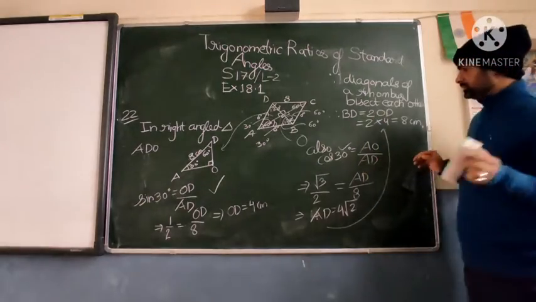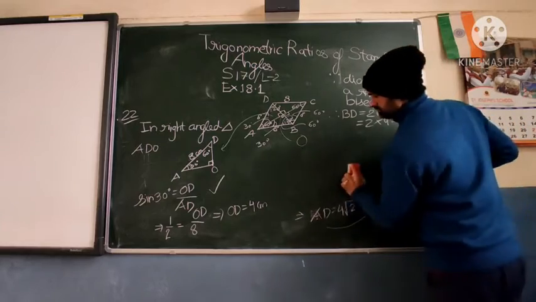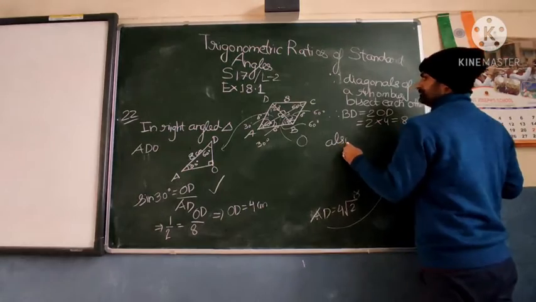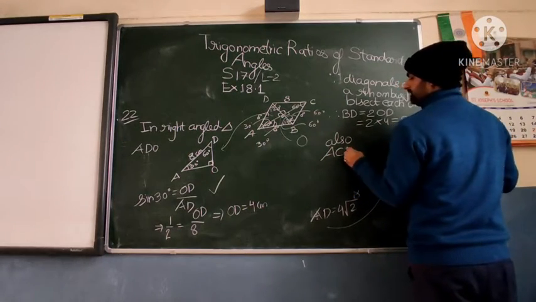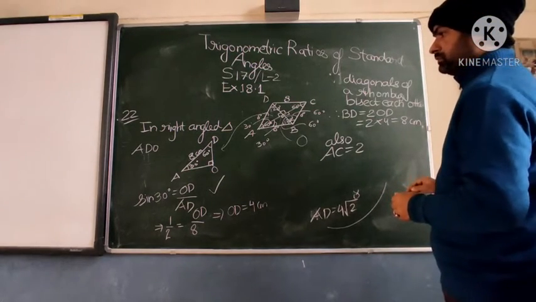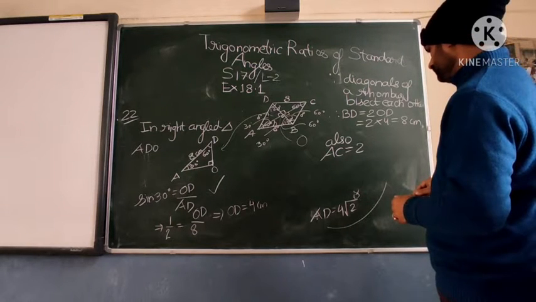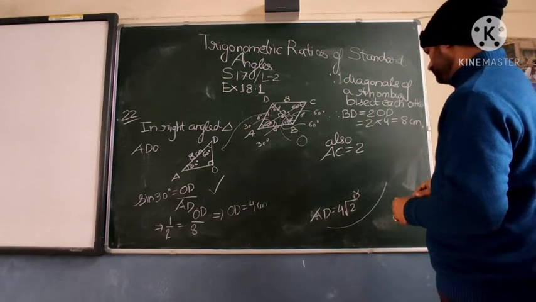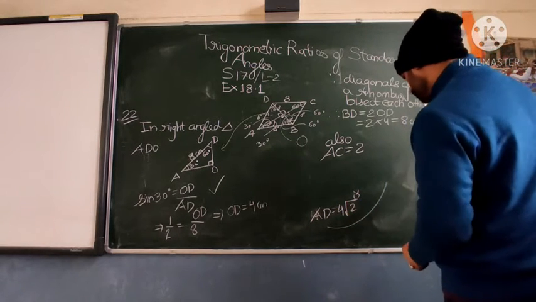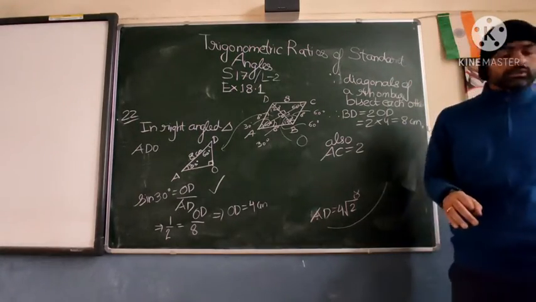I am writing this question now because it will be clumsy. Also, AC will equal to 2 times of AO. This will not be 8, this will be AO. You just correct this one.